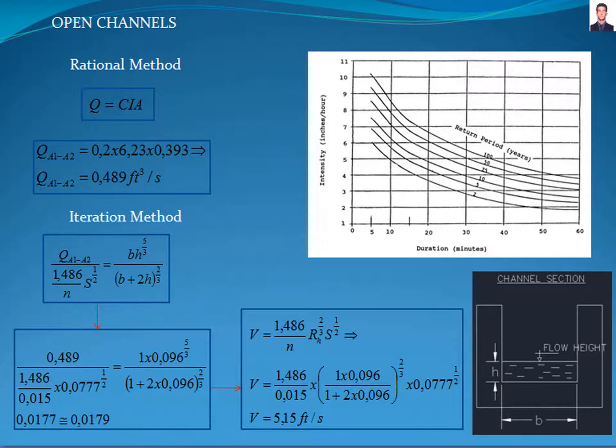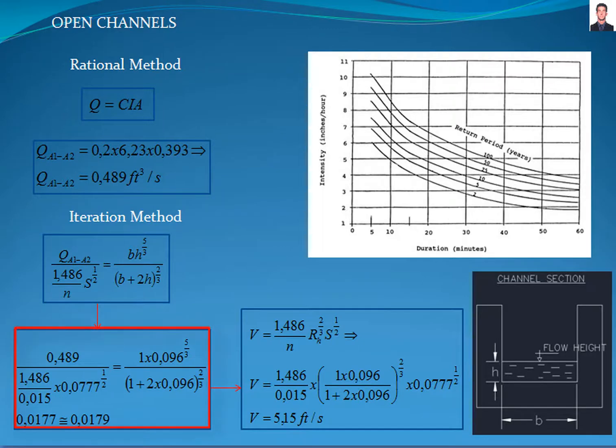To avoid sedimentation, the minimum velocity is 3 feet per second, and the minimum slope is 0.3%, in accordance with sections 11.3.2.8 and 11.4.6 of the AASHTO Design Manual respectively. And to avoid erosion, the maximum velocity for concrete lining channels is 20 feet per second, according to section 11.3.2.7 of the AASHTO Design Manual.